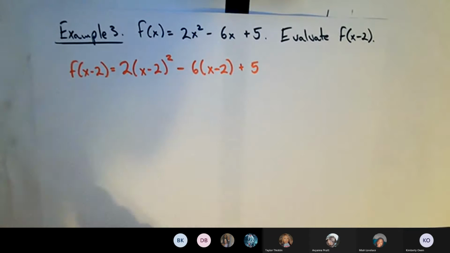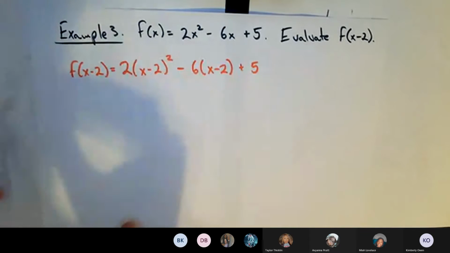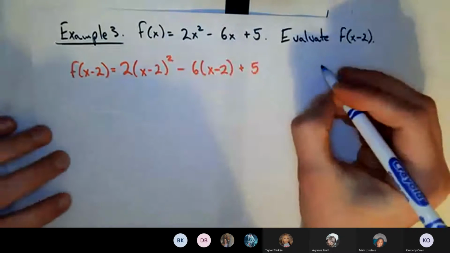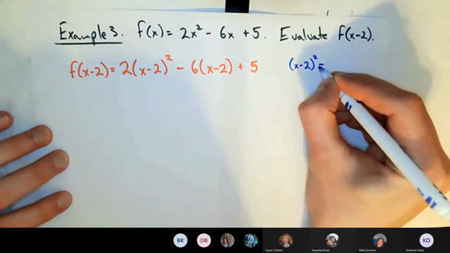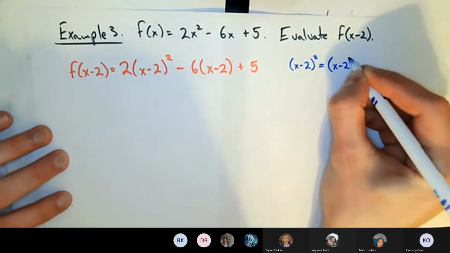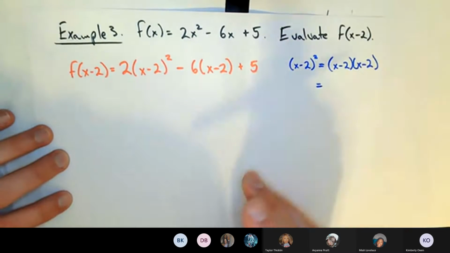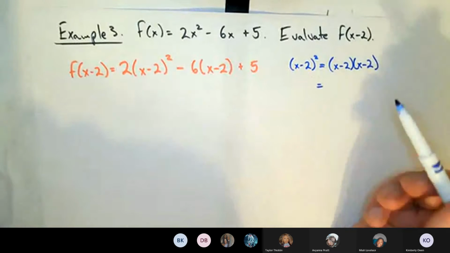Now, right here, I suggest taking anything like this that's being squared, taking it off on the side, to figure out what that's going to be. So x minus 2 all squared is the same as, first thing you want to do is write it out, expand it. Don't be tempted into taking a shortcut where you just square both terms, because that's not correct.